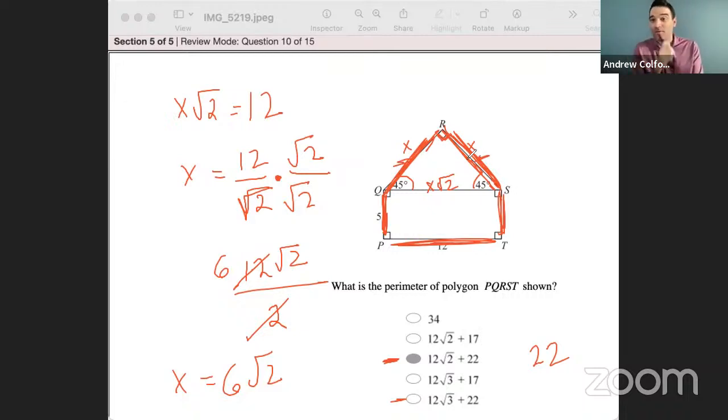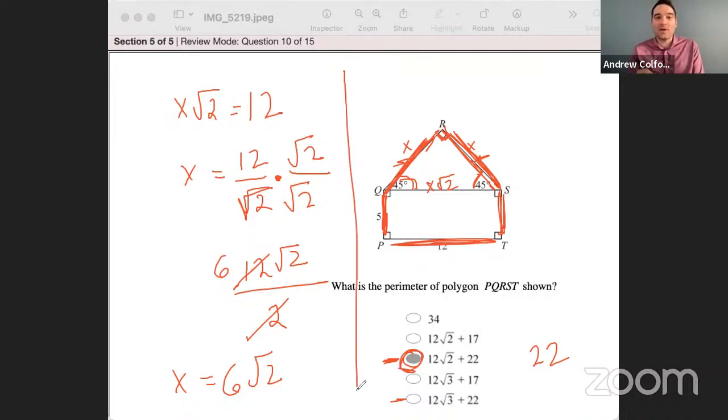The other thing worth noting is that because I'm talking about a 45-45-90 right triangle and not a 30-60-90 right triangle, I'm leaning more towards this one because it has a root 2 in it instead of a root 3.